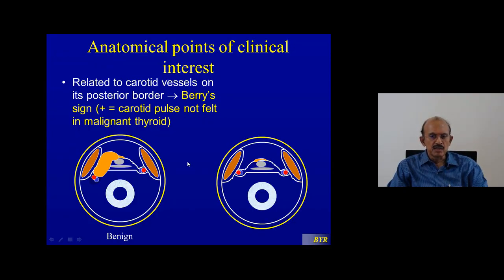If it is a malignant swelling, it will infiltrate the carotid sheath, anteriorly, posteriorly, and laterally. That is why you will not be able to feel the carotid pulsations at the posterior border of the swelling. So if you feel at the posterior border of the swelling, you can't feel the carotid vessels. So this is called Berry's sign.